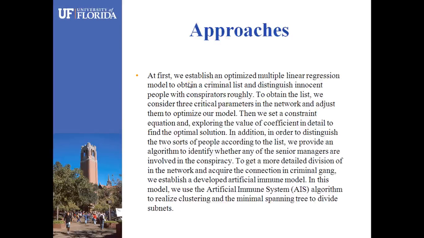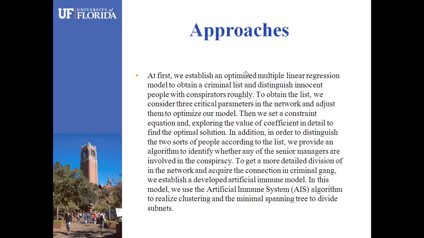Okay, here are the approaches. At first, we established an optimized multiple linear regression model to obtain a criminal list and roughly distinguish innocent people from those in the conspiracy. To obtain the list, we consider 3 crucial parameters in the network and adjust them to optimize our model.